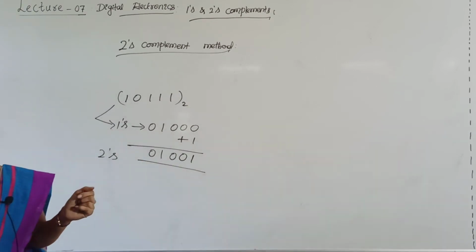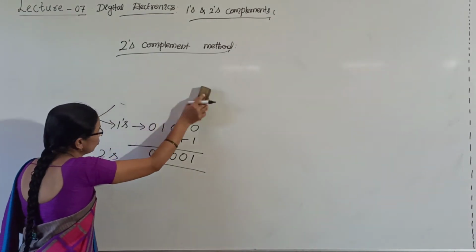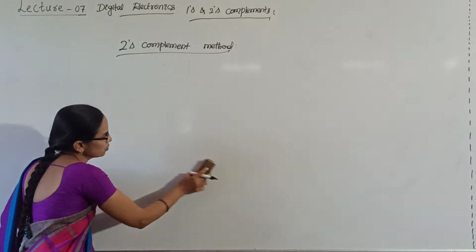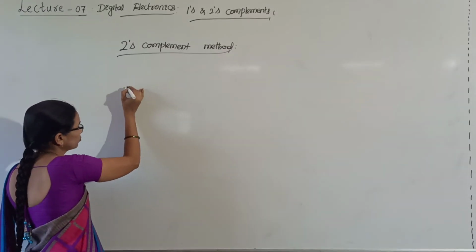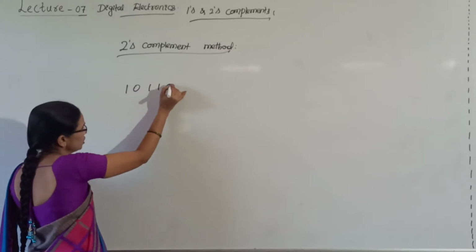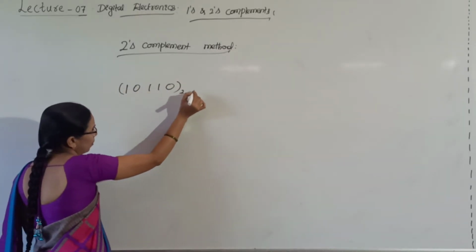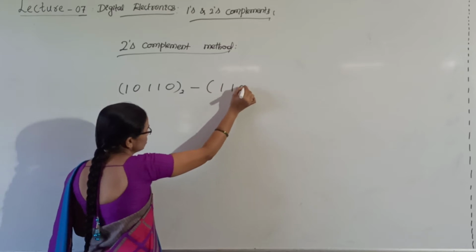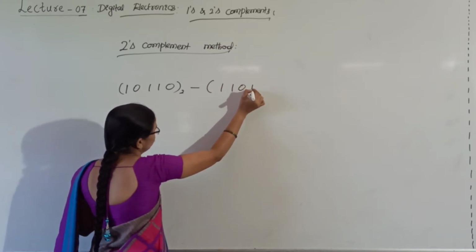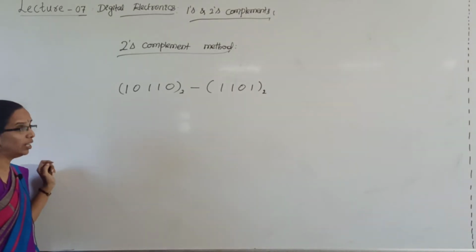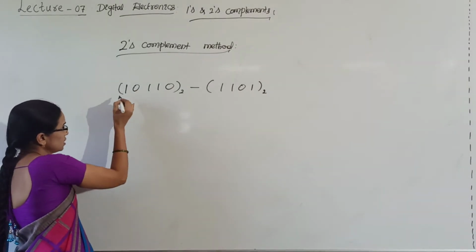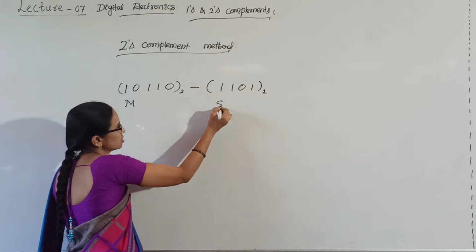Now we will do some problems on the 2's complement method of subtraction. I will take 10110 minus 1101. This is our minuend and this is our subtrahend.